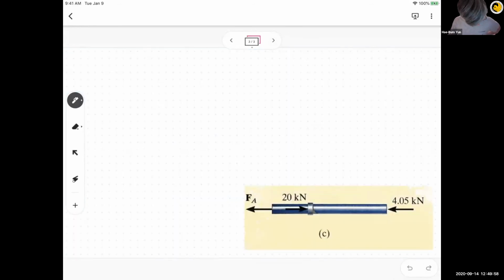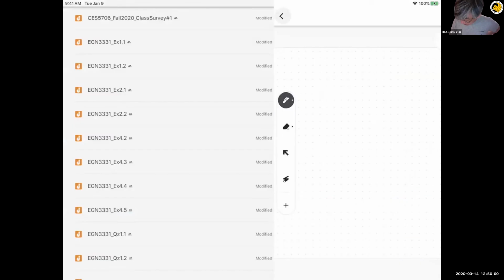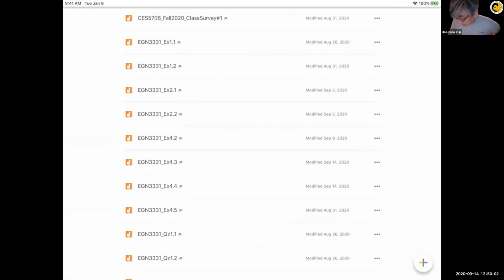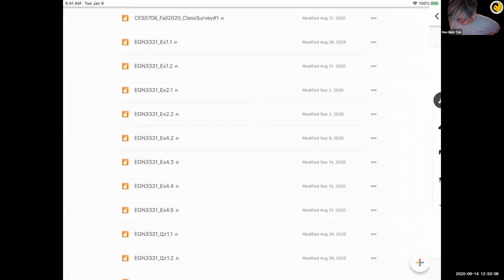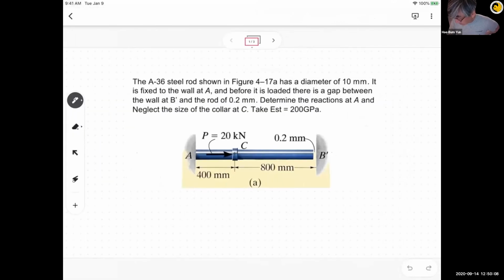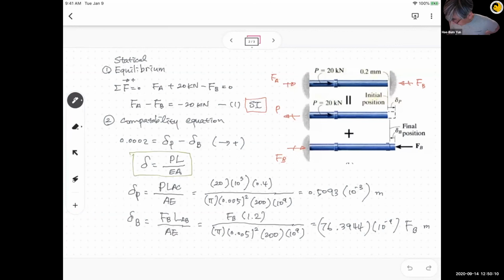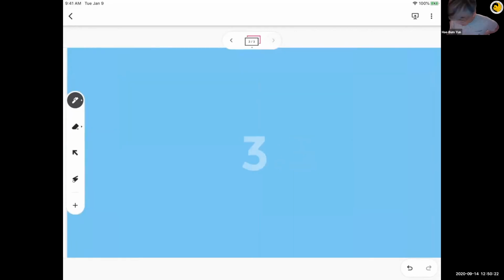So this is, I'm going to call this equation 2. So then we have two equations, two unknowns. We can solve this problem.